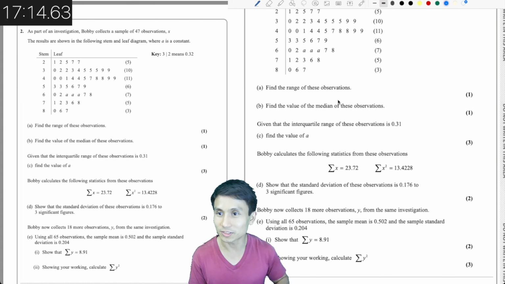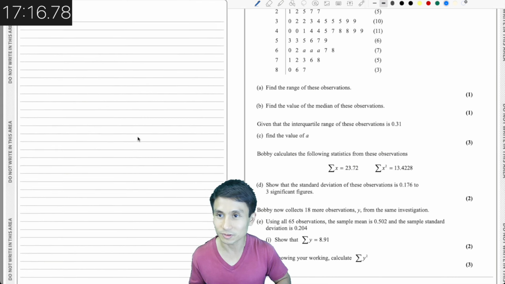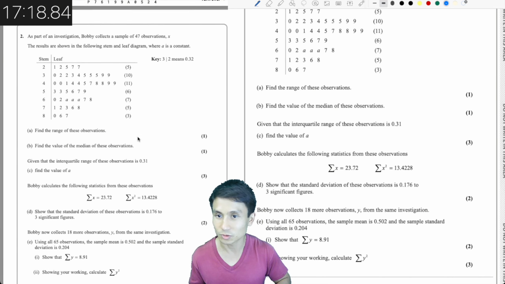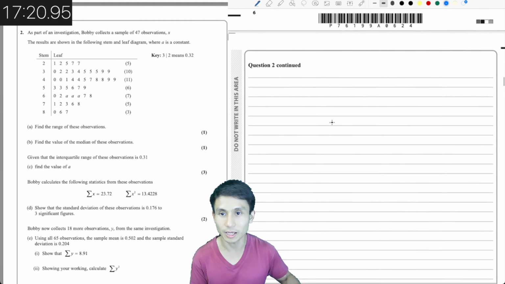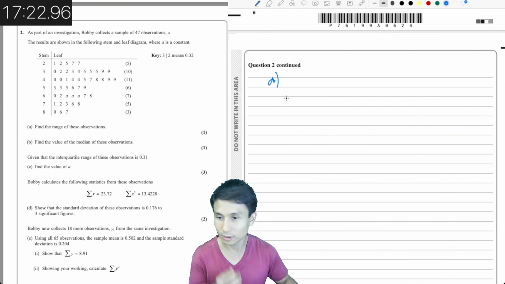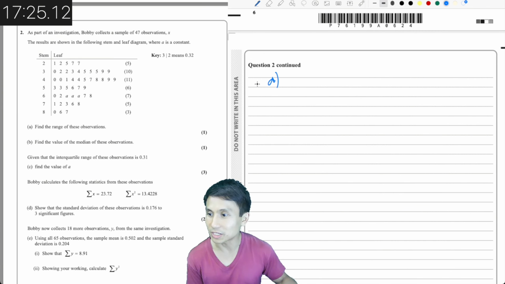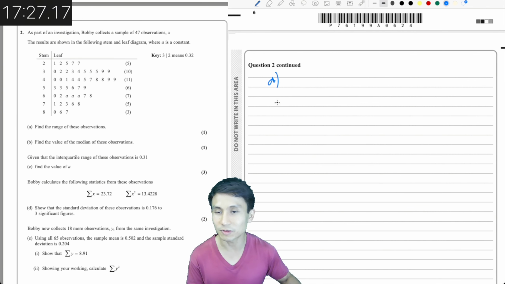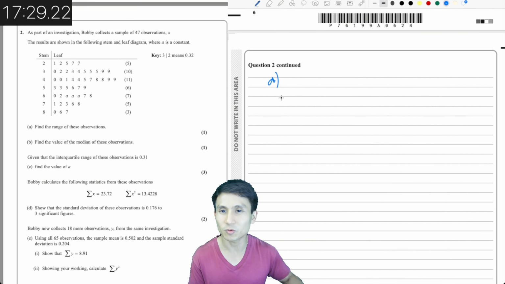Okay, so this number 2 here. Number 2, A. Find the range of these observations. As part of an investigation, Bobby collects a sample of 47 observations X. The result is shown in the following stem and leaf diagram where A is a constant. Find the range.